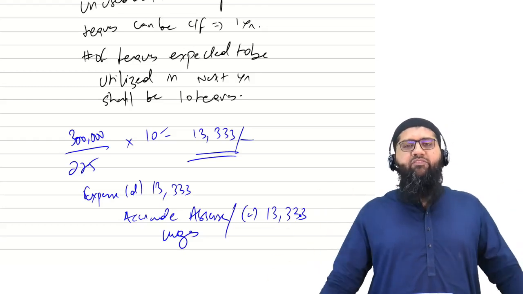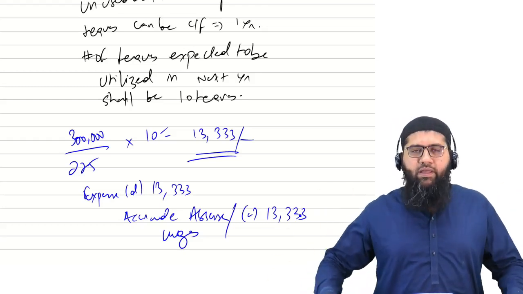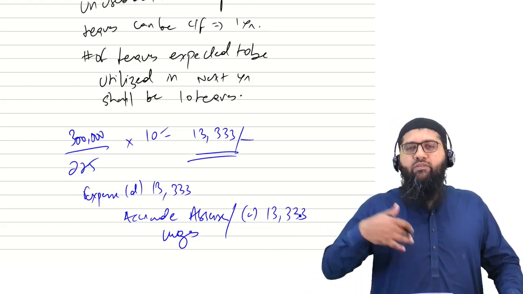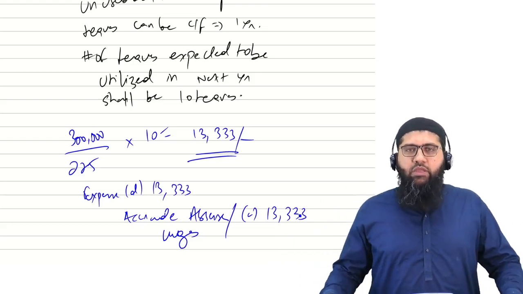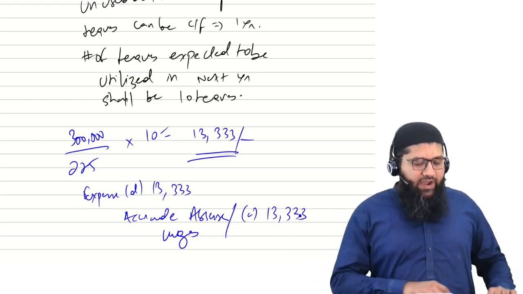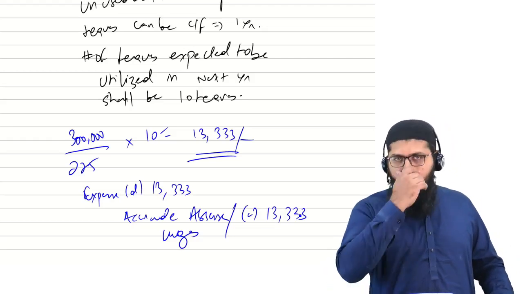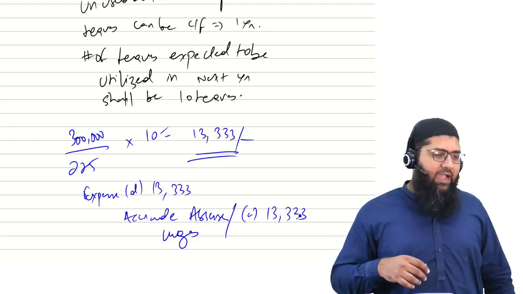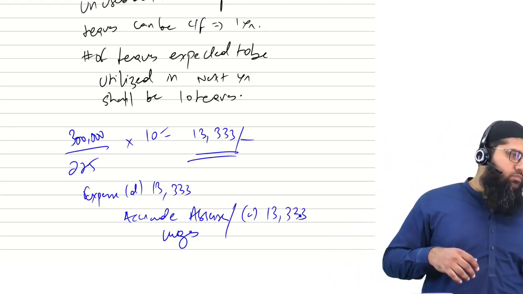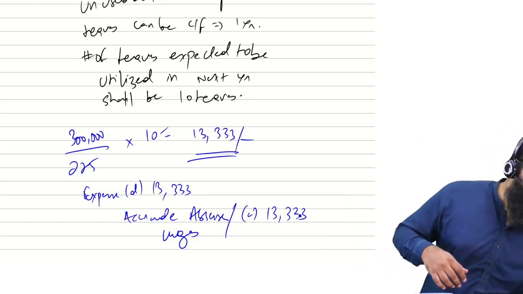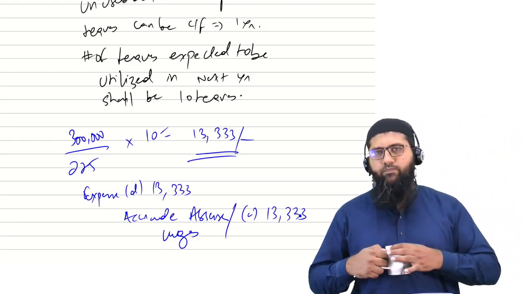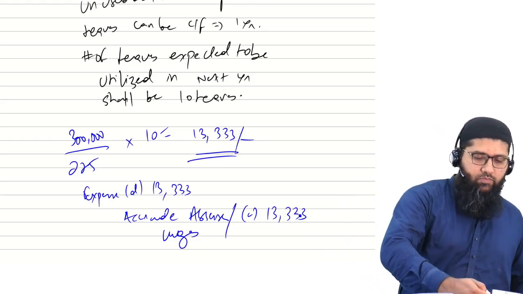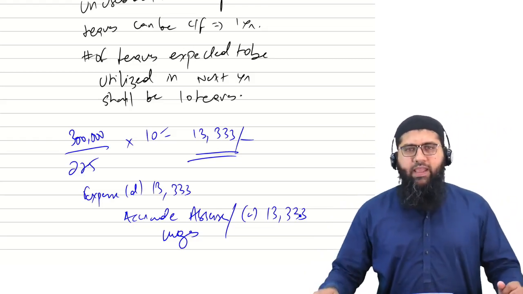That's why he is eligible to avail this benefit for the next year. So for the next year, we are going to utilize this accrual. The next year, we are going to utilize this specific accrual. Okay, do you people get it now?